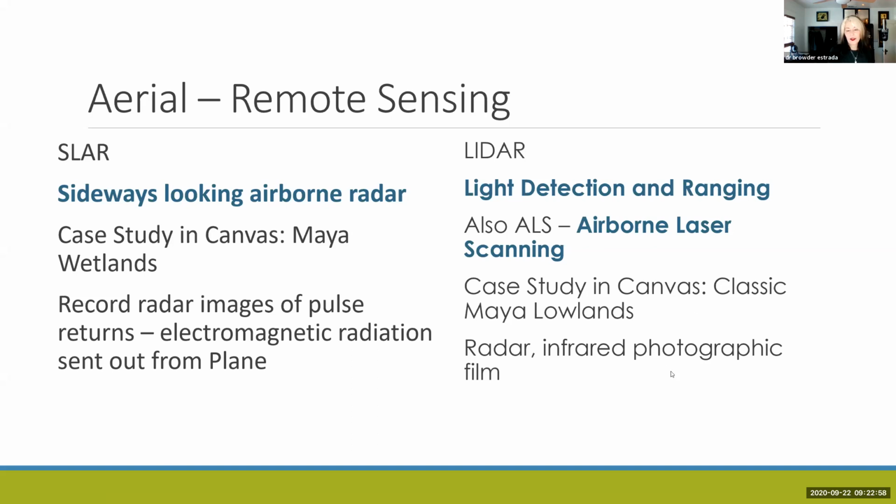So in this case, they're using a form of radar that's based on infrared photographic film. They do work somewhat differently, and they will give you slightly different details, but LIDAR is the one that's really turning things around for certain types of environments on the planet.